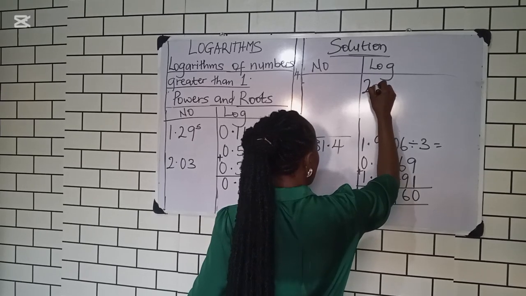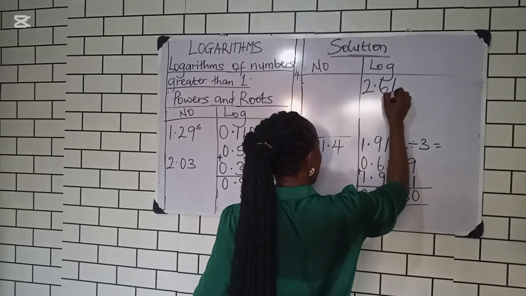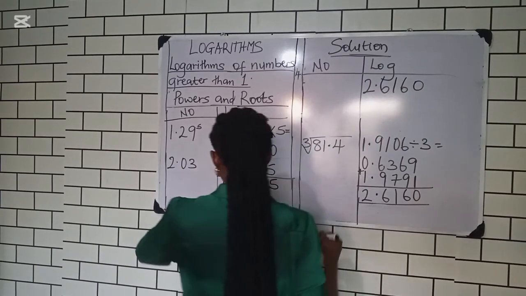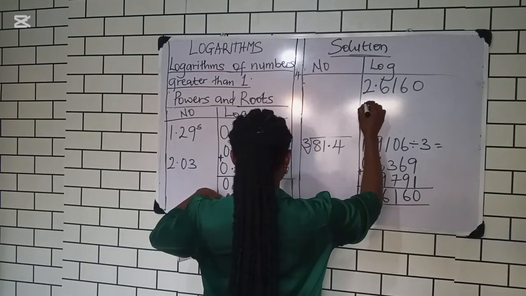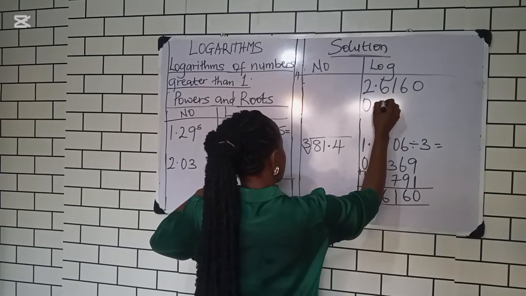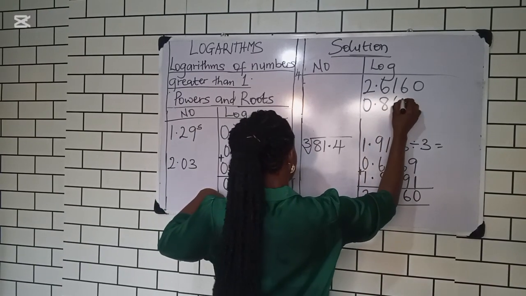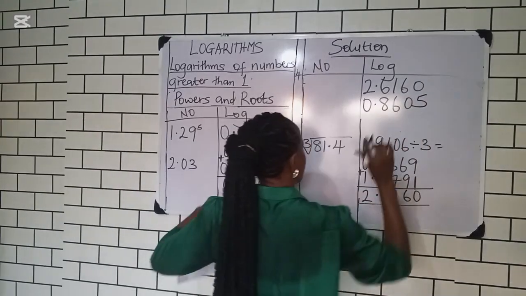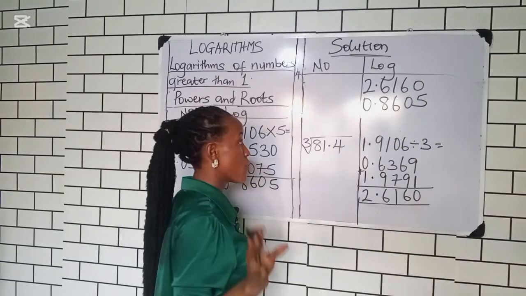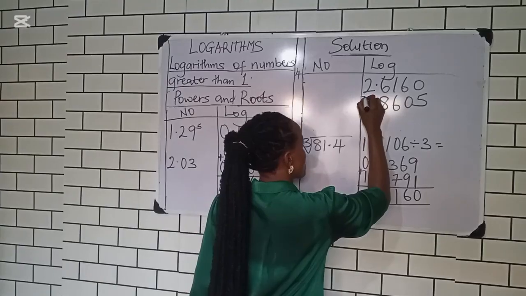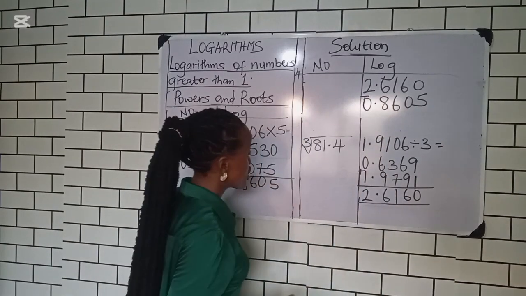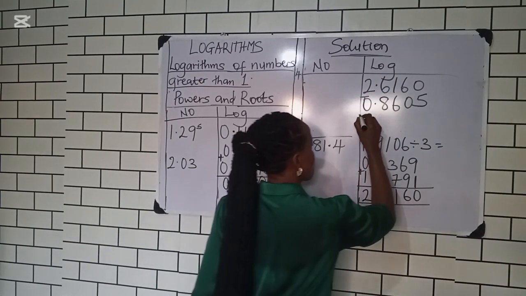You have 2.6160. Now we have the second one as 0.8605. It is subtraction because of the division line. Now write your subtraction, put a subtraction sign. Here we go.